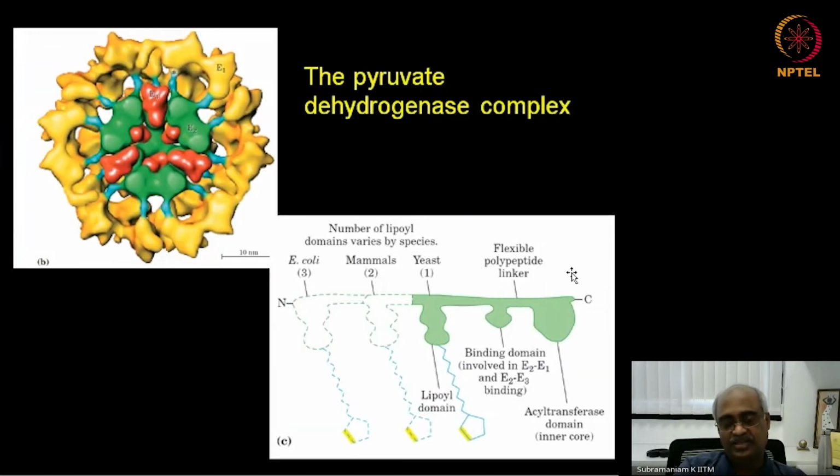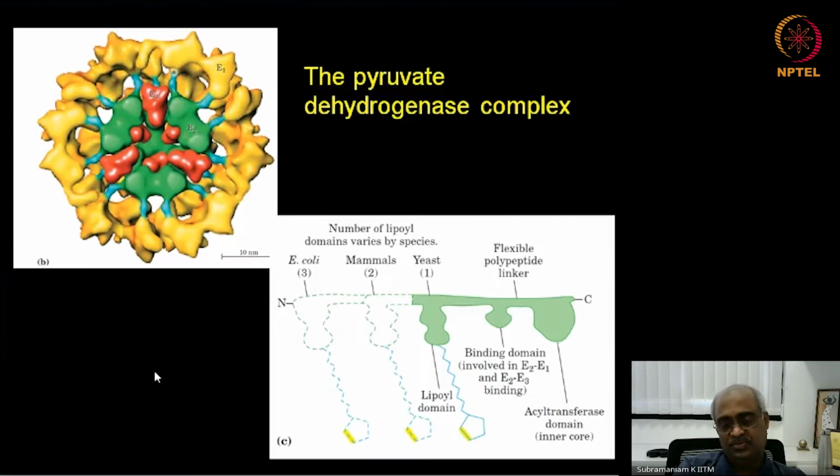And the third is thiamine pyrophosphate. I have not labeled it here because we have already learned in detail about thiamine pyrophosphate. And the fourth one is FAD, flavin, riboflavin, we already know. Fifth one is NAD, niacin based.